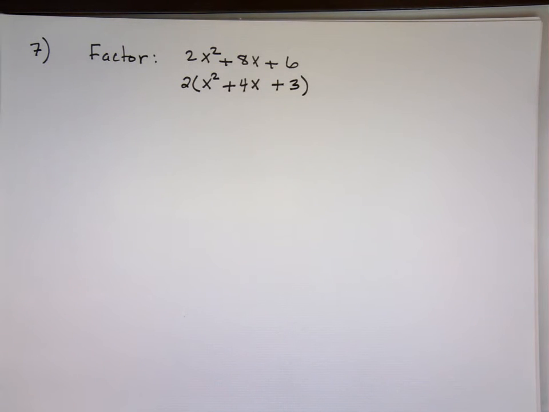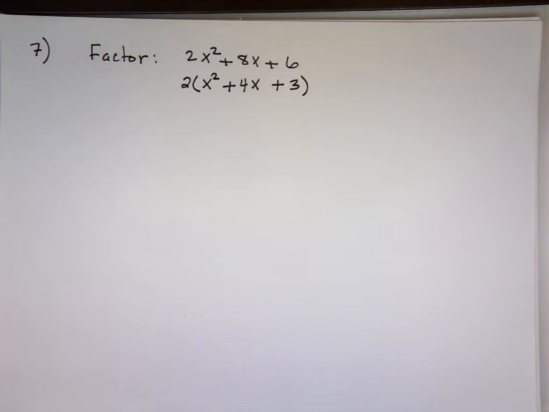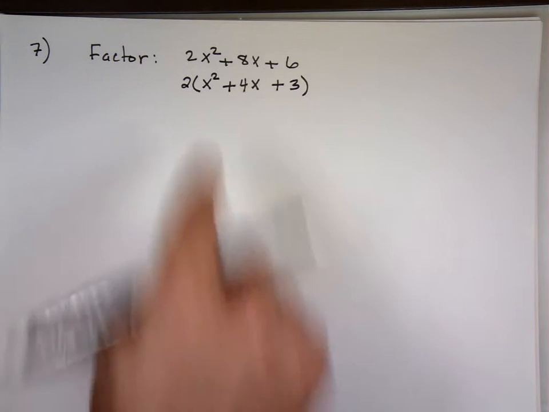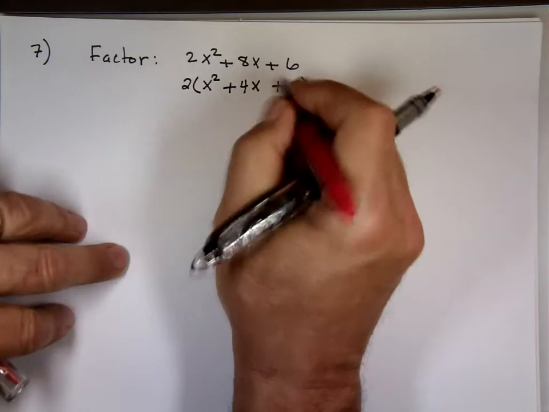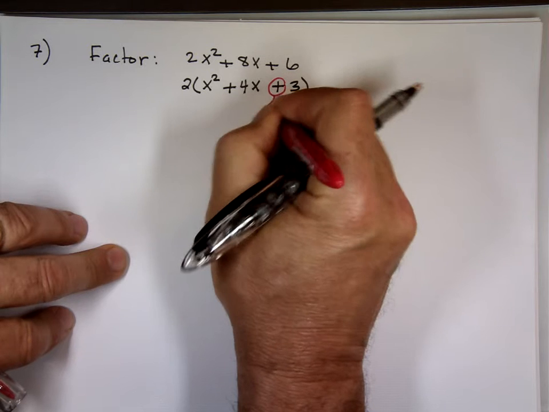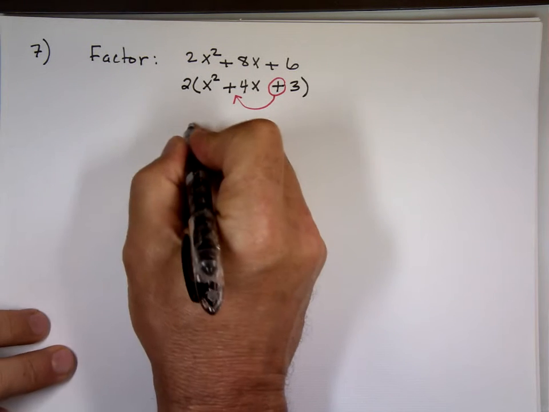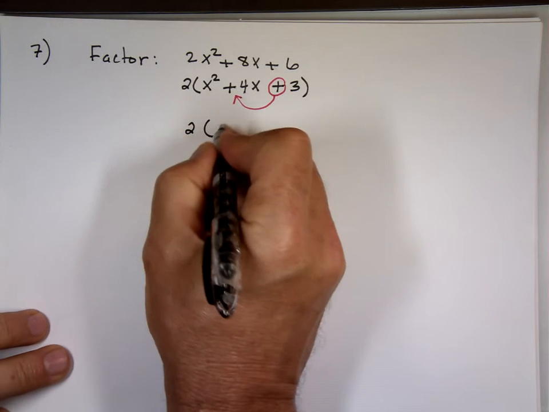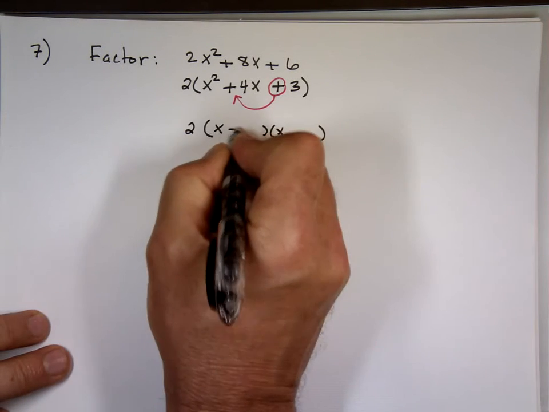Now again, when we say factor, that means factor completely. Am I done? Or can I factor this one more? Let's look at this. If I'm going to factor that, because this sign is positive, that tells me both signs are going to be the same. So there's the 2 in the front, and let's factor that one. We know both signs are going to be positive.